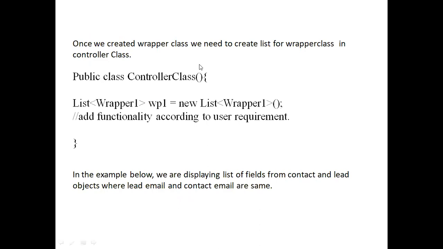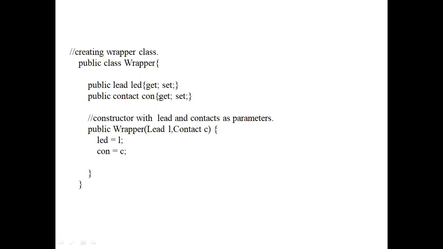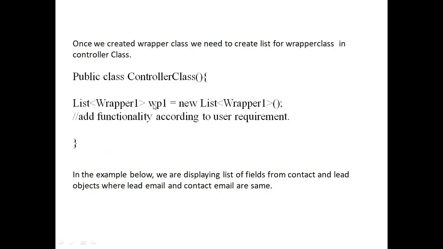When we create a wrapper class, we need to create a list for that wrapper class. So in this list, the wrapper class name is wrapper1, I am taking. So I am creating a list for wrapper1. In this list, I will add lead object values and contact object values.